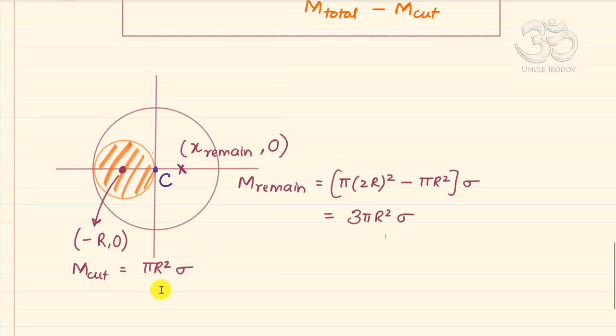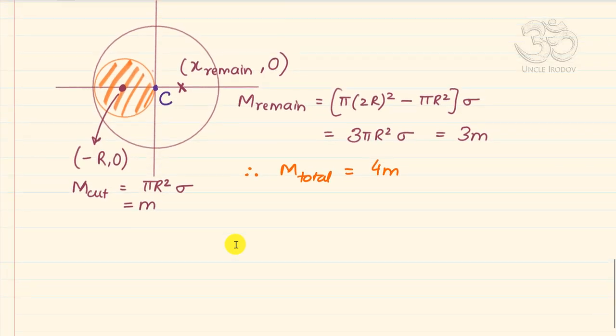So if I take this as small m, I will take this guy as 3 small m, and the total mass then becomes, so therefore m total will become 4m. And then according to the formula x remaining will be m total x total.